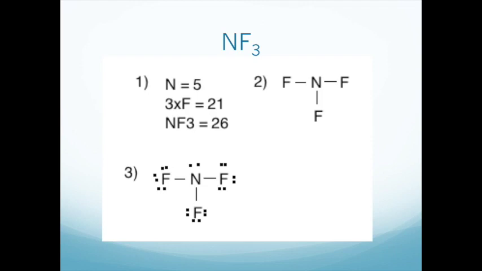As before, we put 2 electrons on nitrogen, so it has 8 around it, and we place 6 around each of the fluorine atoms, bringing the total number of electrons surrounding each to 8 as well. And so we have achieved the octet on all 4 atoms, and this is our molecule.